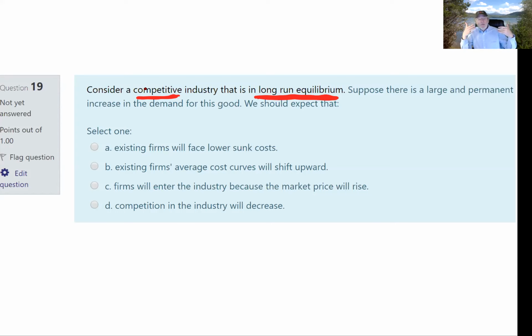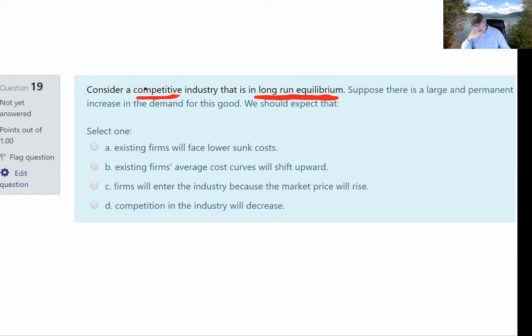So each says, I'm a price taker. I cannot affect the price. I have to take the prices given. Firms are selling identical products, okay? And most importantly, in a competitive industry, barriers to entry are very low. It's very easy for new firms to come in.